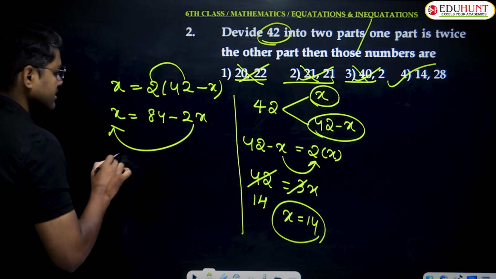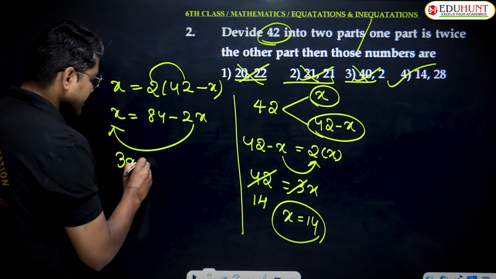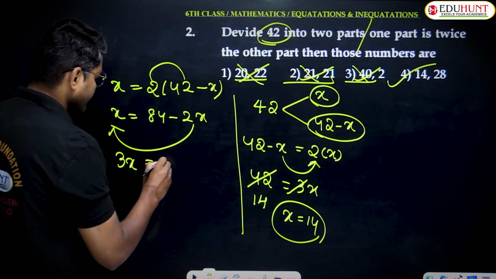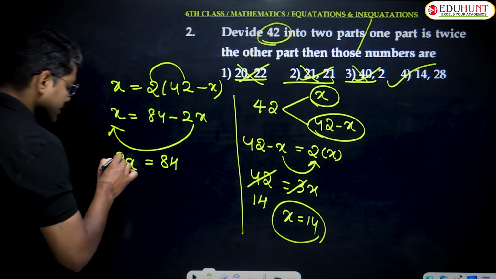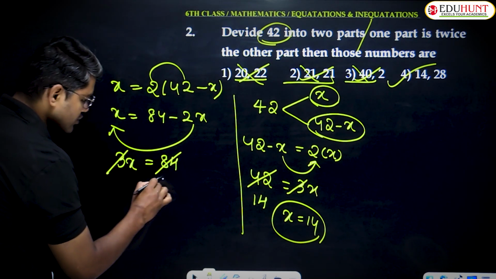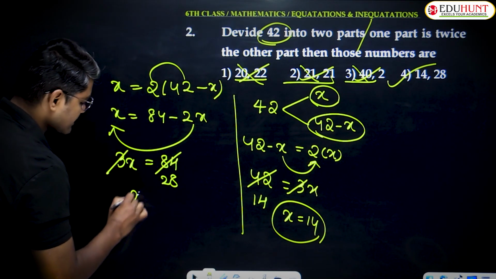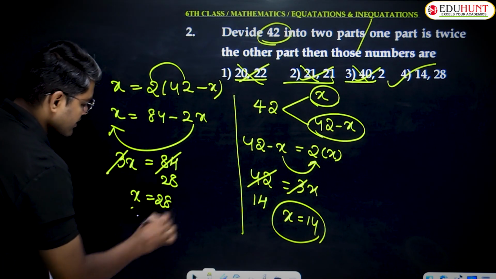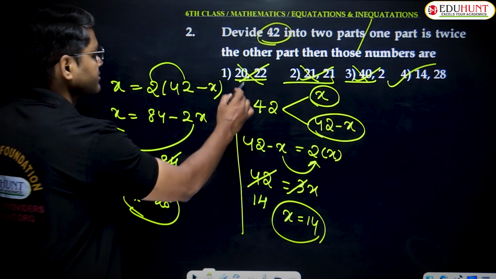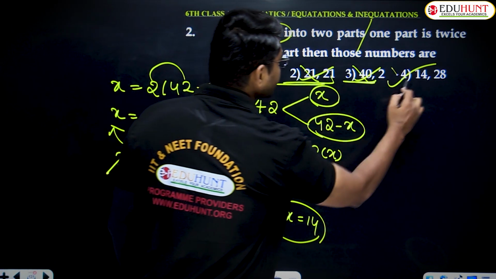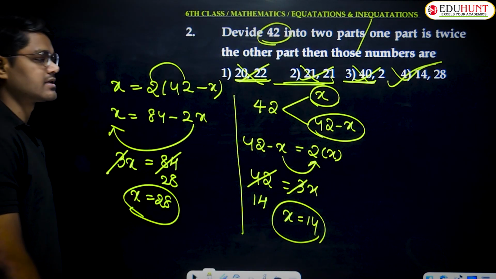This is 3x. 3x is equal to 84. X is equal to 28. So option 4 is the correct answer for this question.